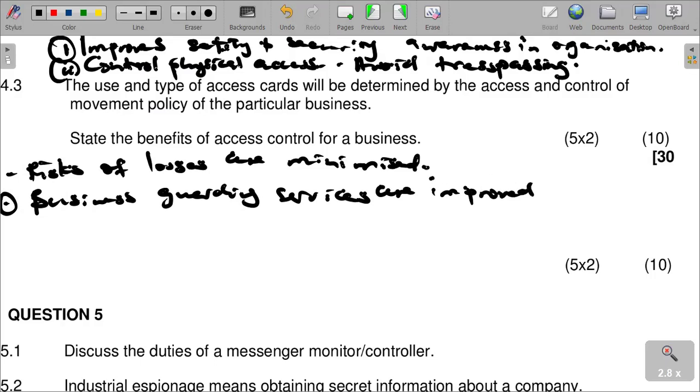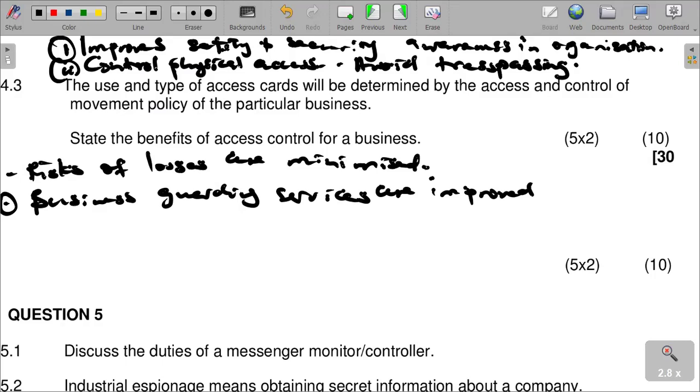We are saying it is just regulated movement, or access control. It ensures that there are guarding services in the organization, which ensure that there is always controlled movement, and the services for security are improved.